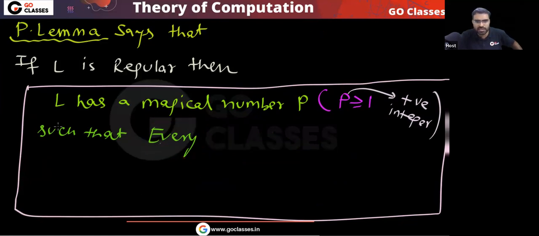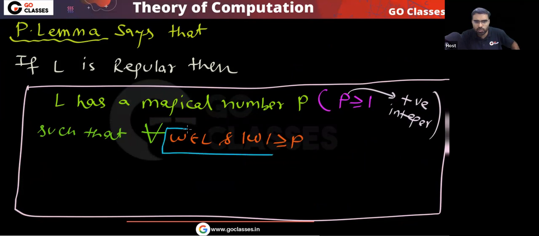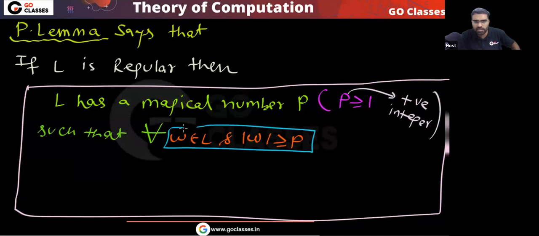So this simply means that for every W which belongs to L and whose length is greater than or equal to P, these are your candidate strings, something will happen.